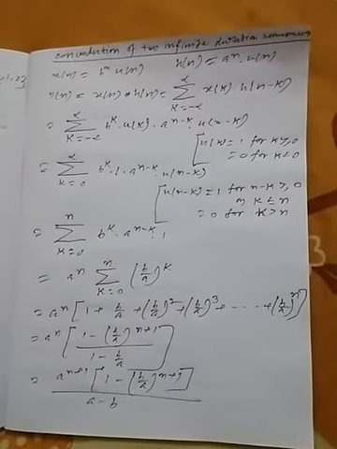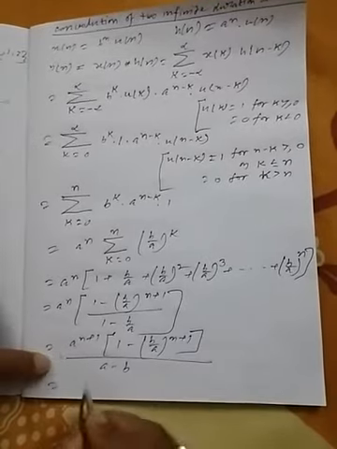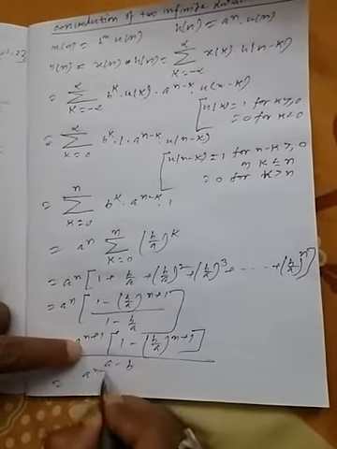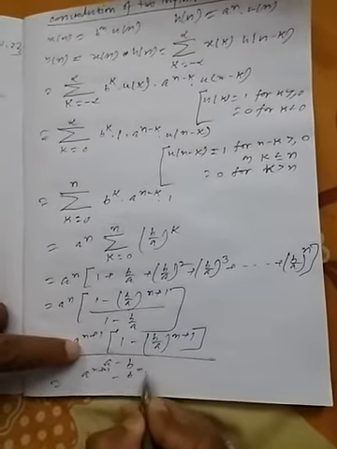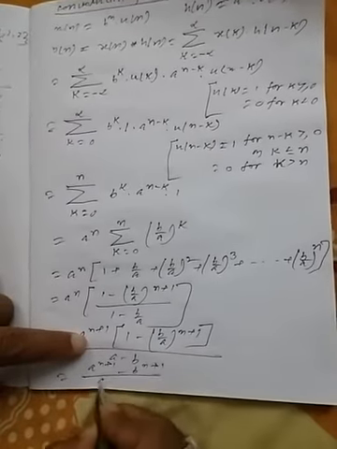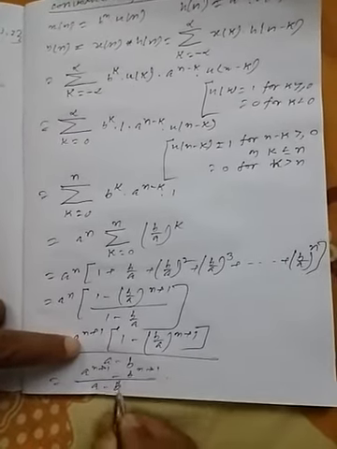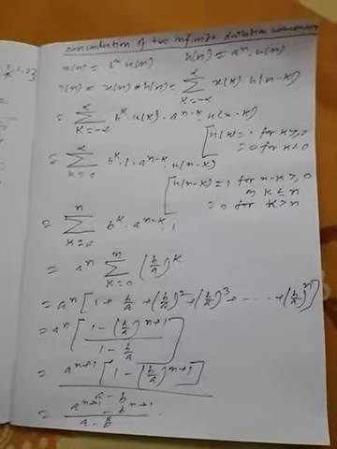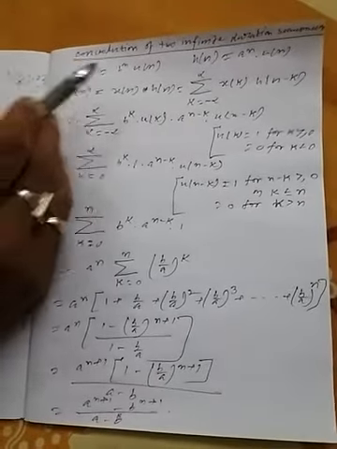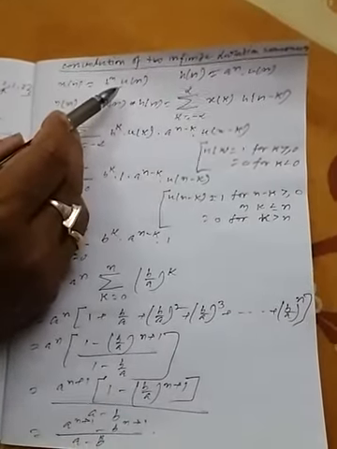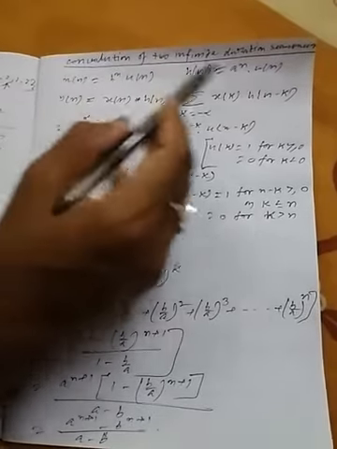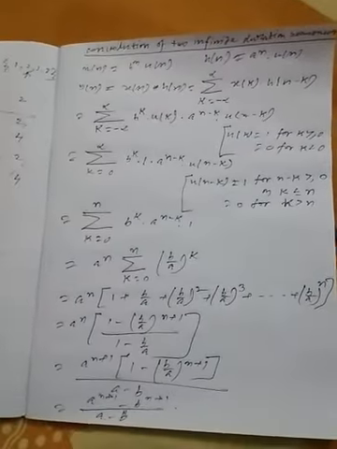Now from here we can write (a^(n plus 1) minus b^(n plus 1)) by (a minus b). So this is the convolution of two given sequences x[n] equal to b^n u[n] and h[n] equal to a^n u[n].